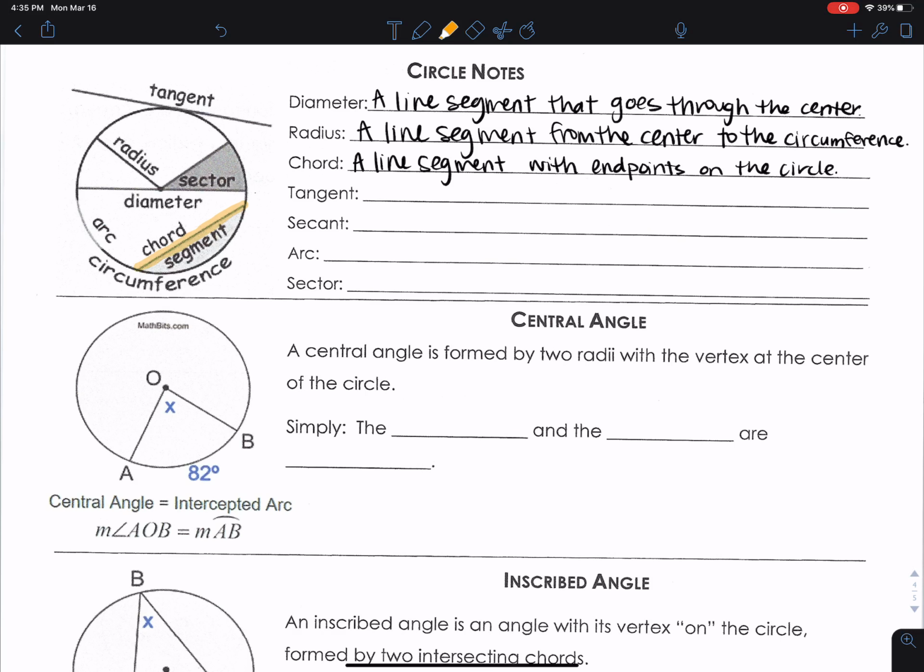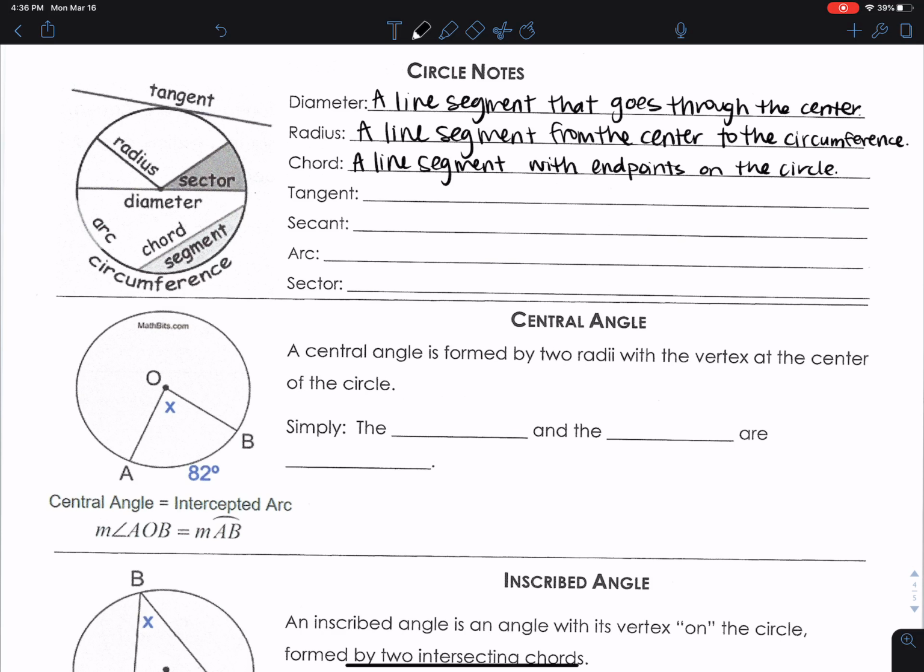It has endpoints on the circle right here and right here. That can go through the center of the circle, but then that would also be a diameter. So a diameter is a special kind of chord that goes through the center, but a chord doesn't have to go through the center. It can be any part of the circle.